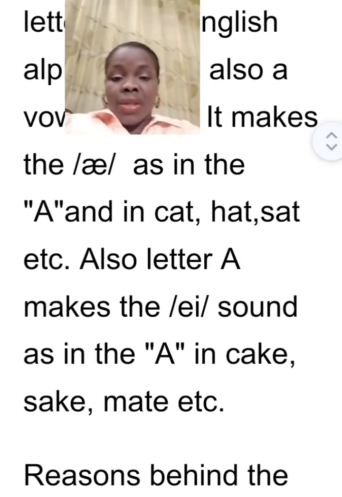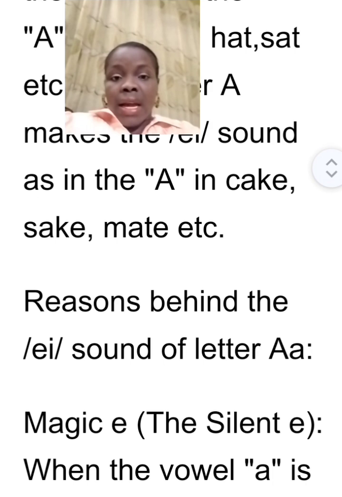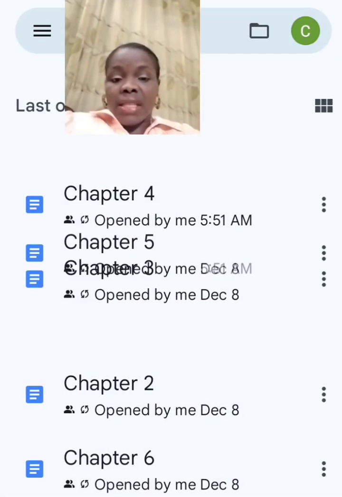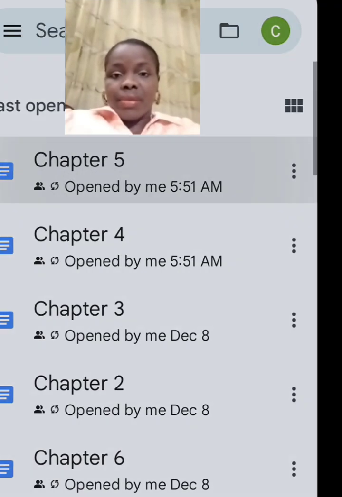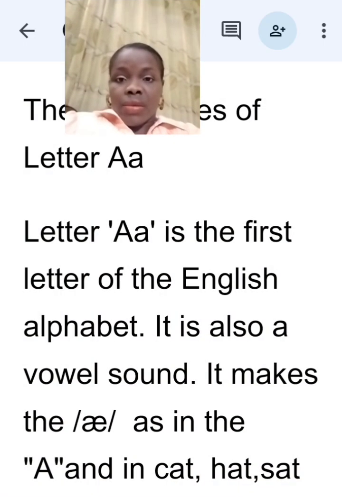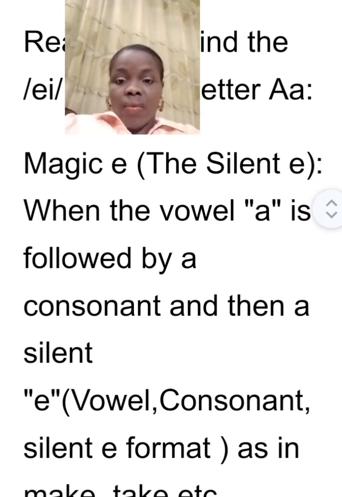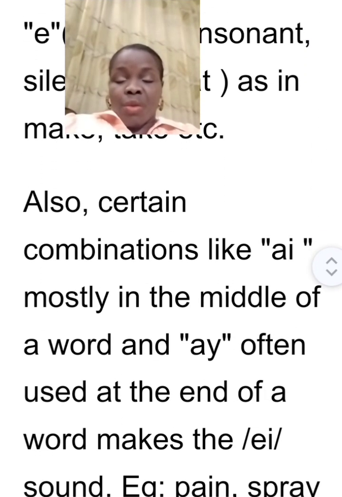Now, other reasons why letter A makes the A sound instead of the other sound is this. We have number one to be magic E, which we've treated.